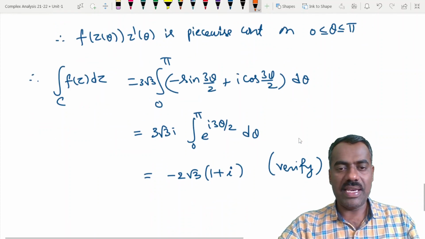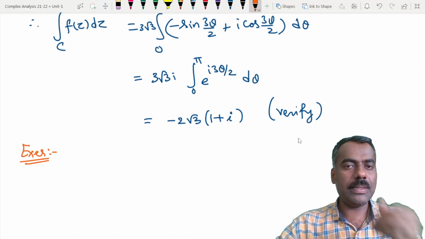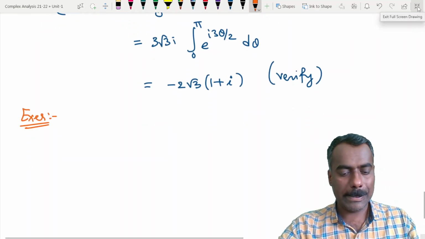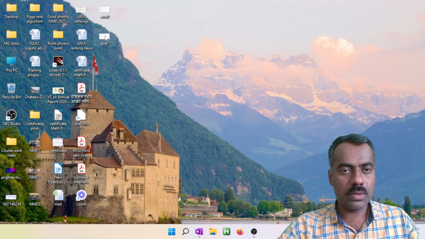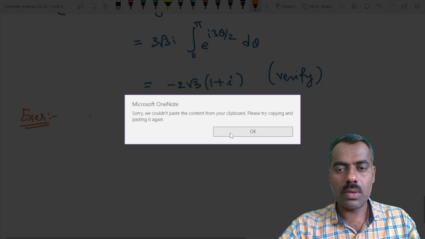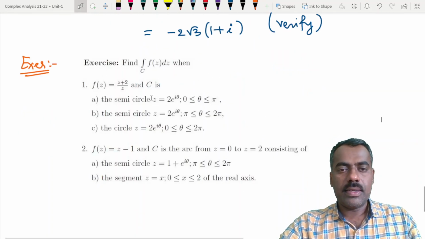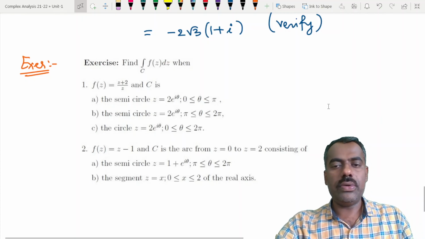I'll give some exercise to find some more examples, and see whether you can do it. These are the following exercises. Okay, you please go through it and try to find this contour integral.